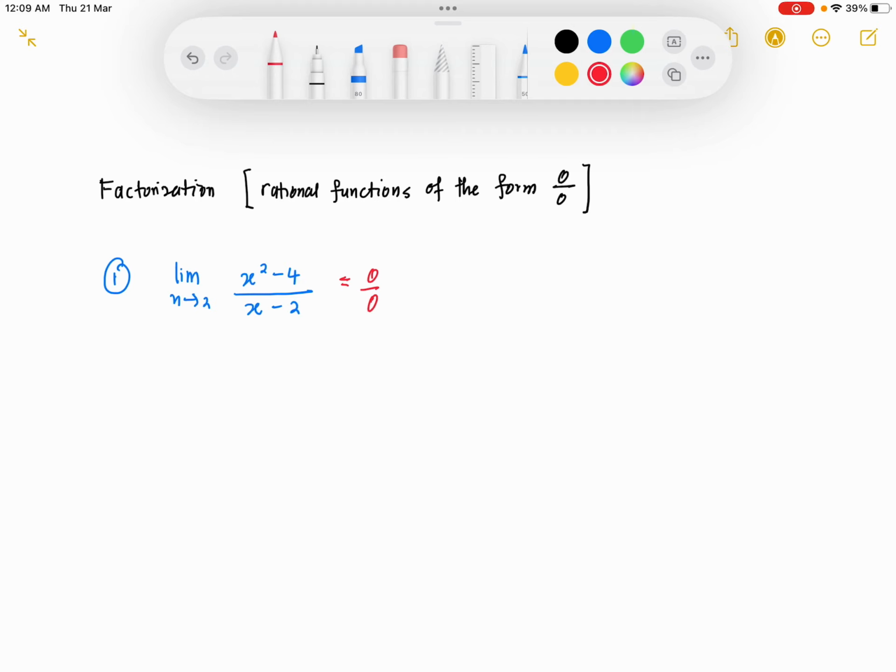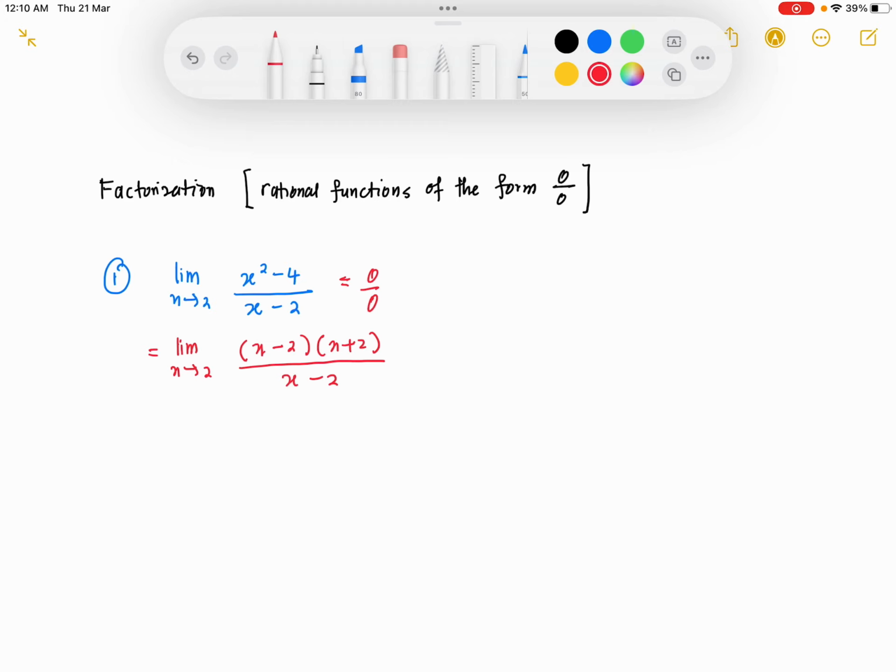So 0 over 0 is not equal to 0, and this is not the final answer. So what we need to do? We need to factorize the numerator. So equal to limit x approaches 2, x minus 2 times x plus 2 over x minus 2.